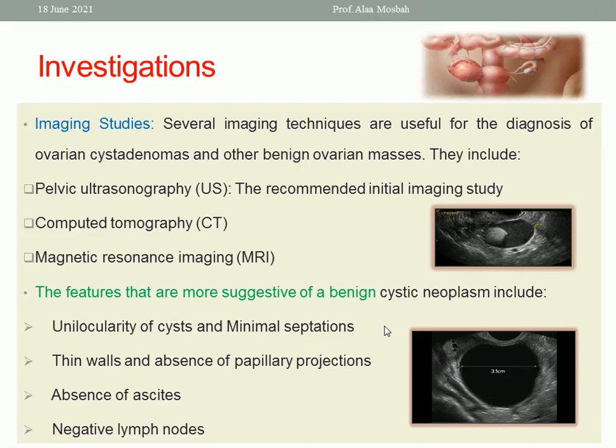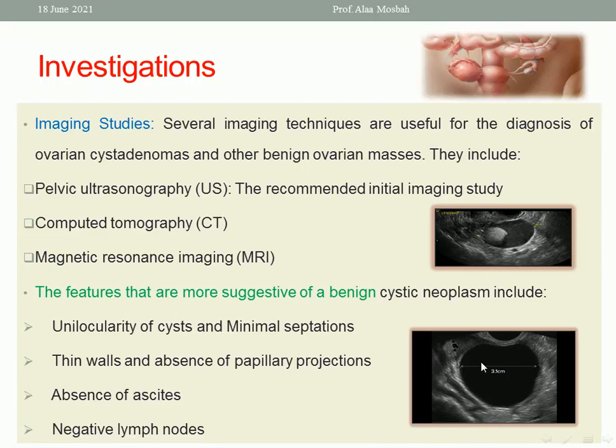The features that are more suggestive of a benign cystic neoplasm by ultrasound include: unilocular with thin wall, no papillary projection, no ascites, and negative lymph nodes. These are the signs by ultrasound to say this is a benign lesion.